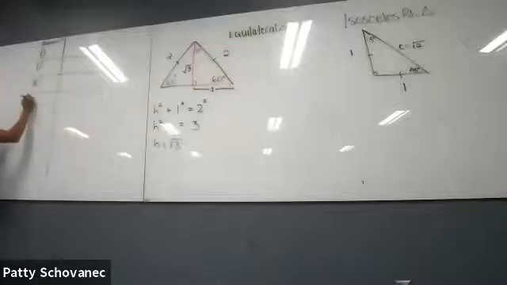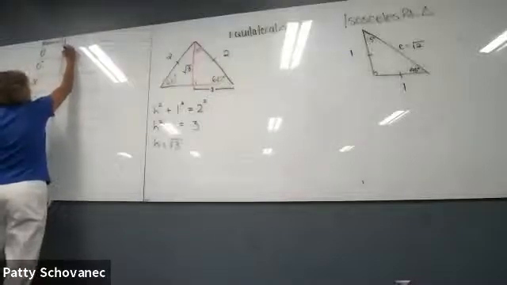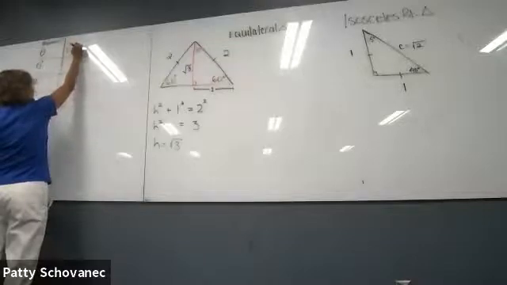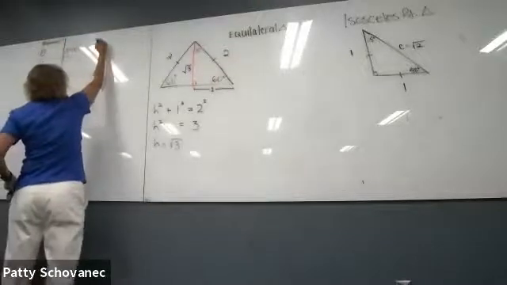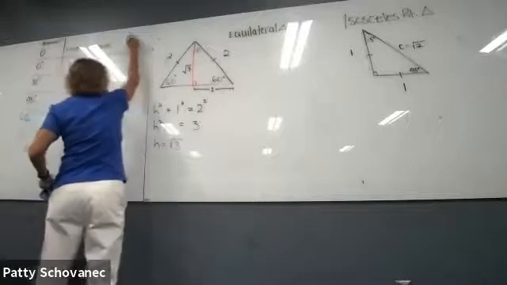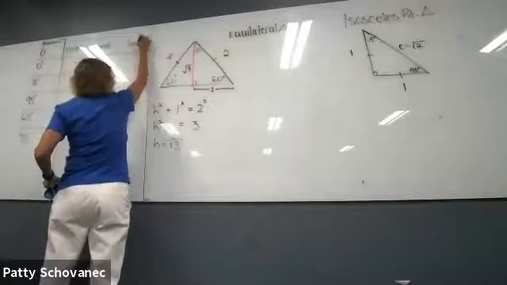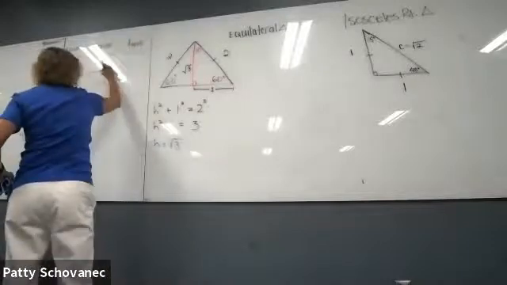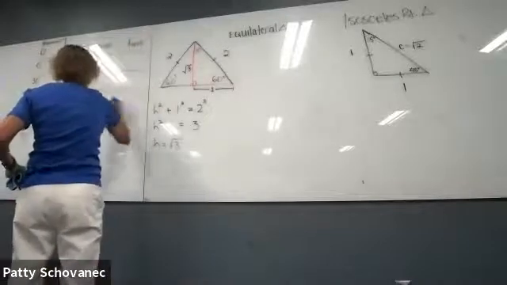The next size will be 45. Then 60. And then finally 90. I've always done my table this way. I'm going to put the sine of the angle right here. Then the cosine of the angle right here. And then the tangent of the angle right here. And we're going to have a total of 4 columns.